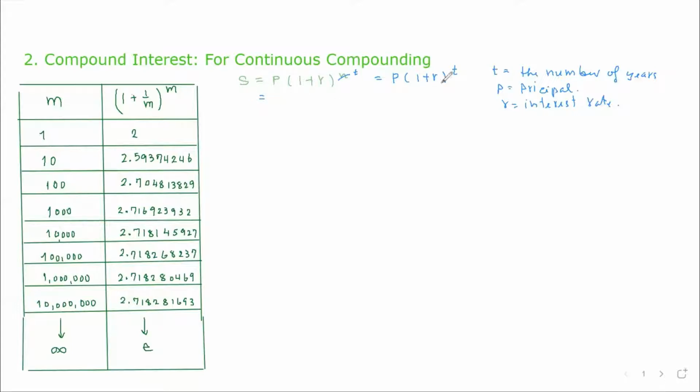So for the last example, the principal is $100, and the rate is 5%, and we do compounded annually.